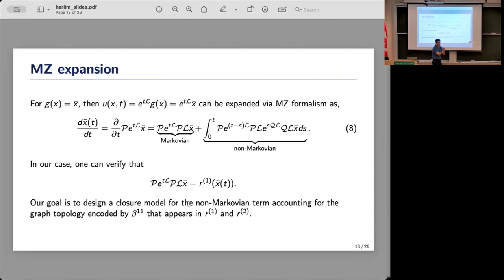However, the question is, how should I design this network such that these k-hop interactions, that information encoded by this parameter B11, are also accounted for? Meaning, how many layers, how do you do that? That's the whole point.